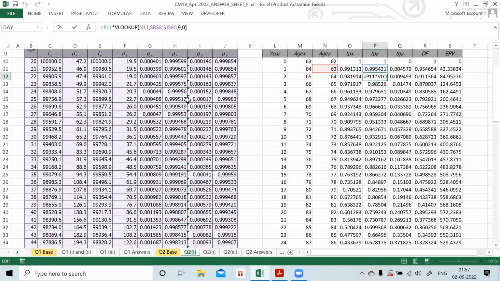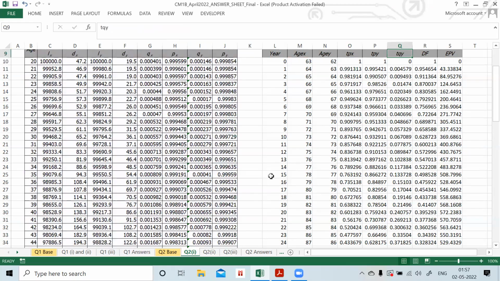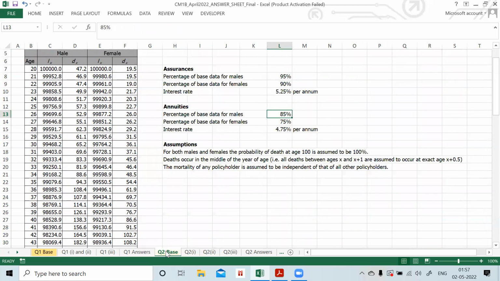Once this is done, we can calculate tqy because it's a reversionary annuity, and it says immediately on the death of the female. So tqy will be 1 minus this. The discounting factor is nothing but 1 plus the interest rate given to us, 7.5%.